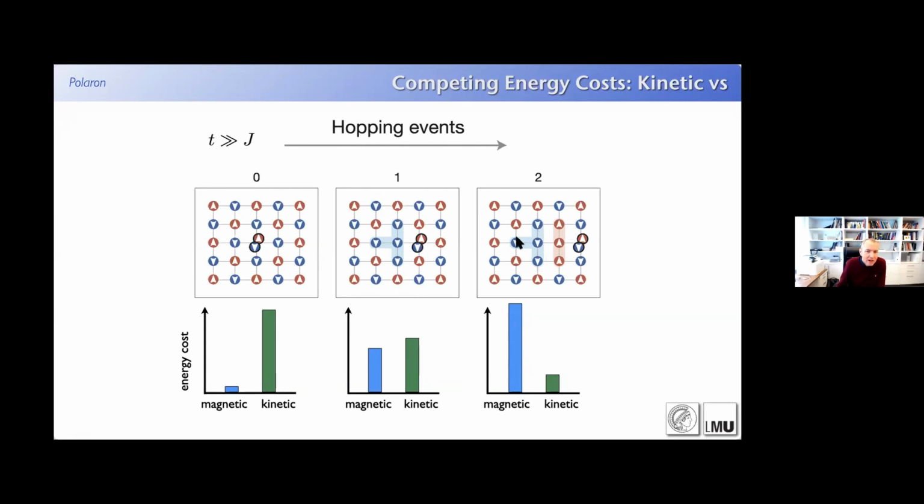So you see, in big contrast to 1D, where the hole or the doublon can move arbitrarily far from the spinon, this is not the case in 2D. The more you move away, the more magnetic energy cost you leave behind. So the further you move, the more this costs you. So you don't have this phenomenon of deconfinement or spin-charge fractionalization, but you have something else in 2D.